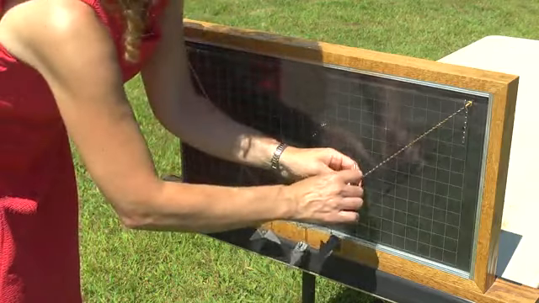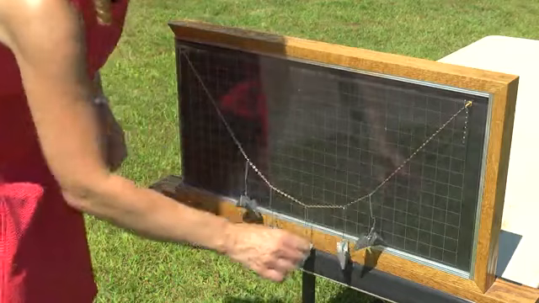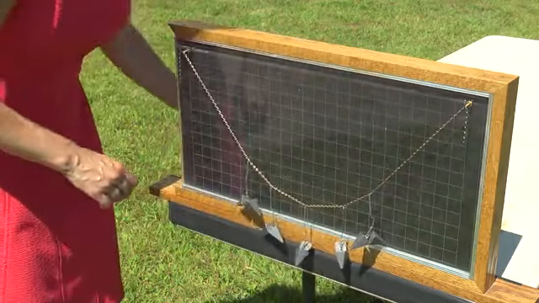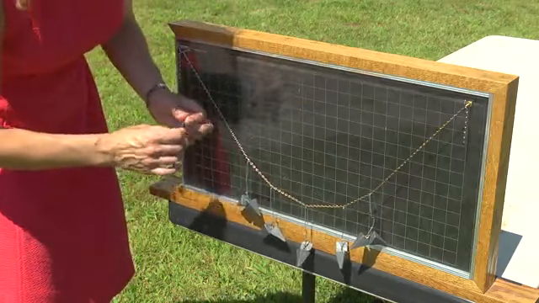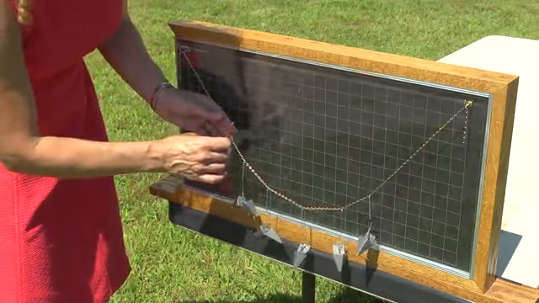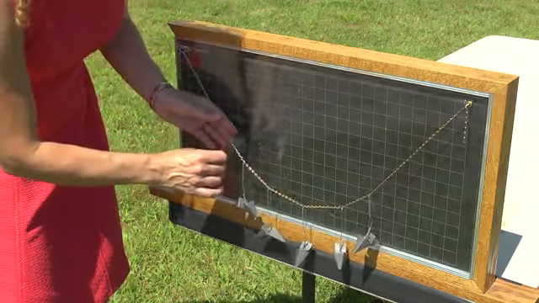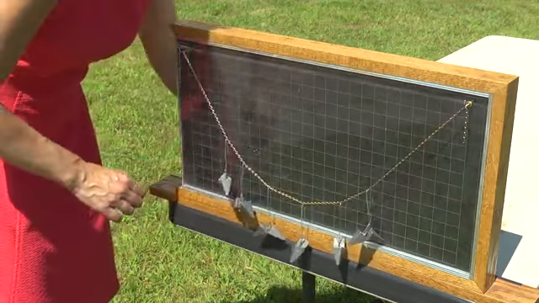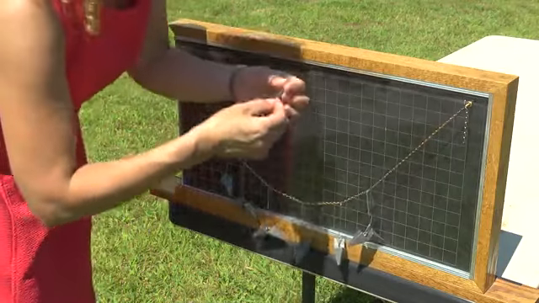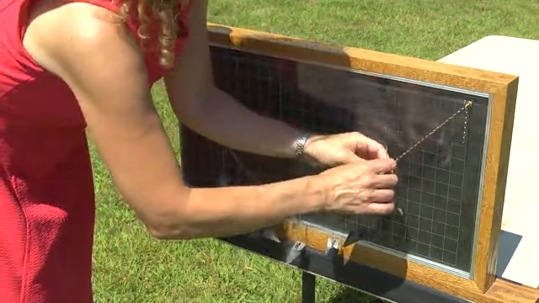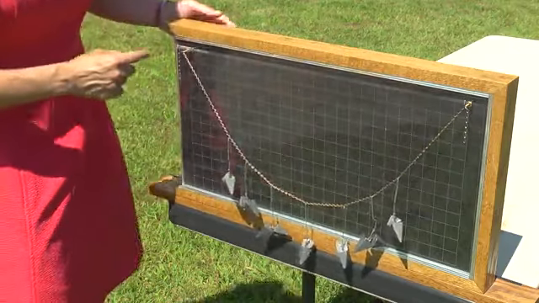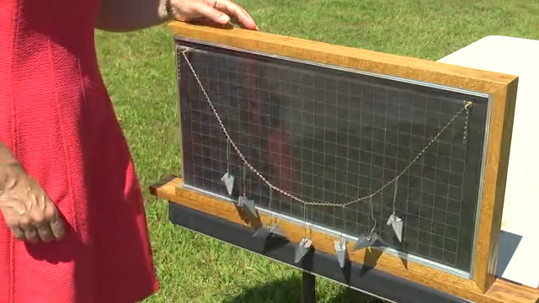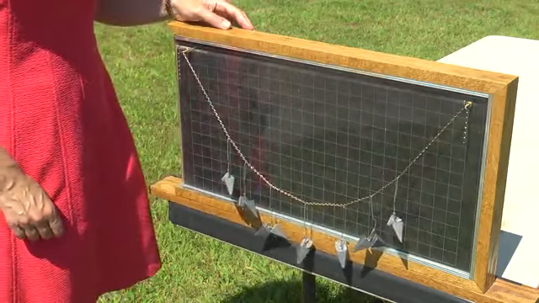These weights represent essentially the load that's transferred from the suspender, which is the vertical element of a suspension bridge, to the cable. And it's the load represented by the weight of the deck. As I add more and more of these loads along the chain, we're starting to see that parabolic form take shape, which is the shape of the cable in a suspension bridge.